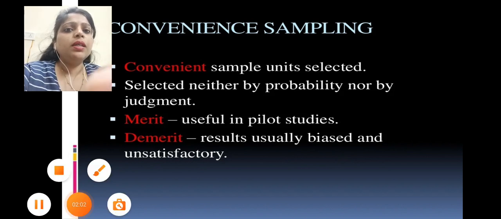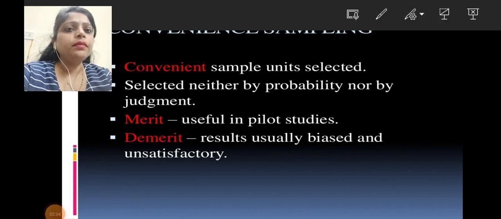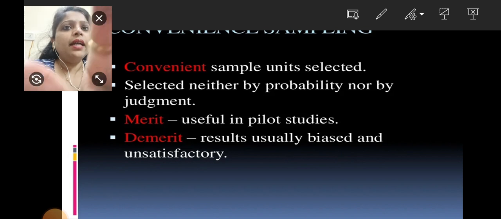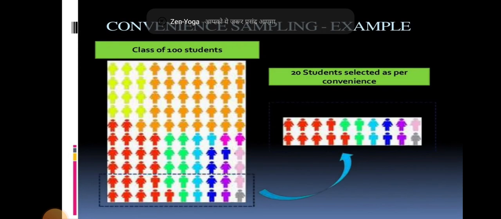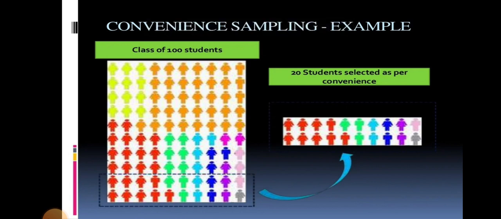Second, the demerits over here are that the results are usually biased and unsatisfactory. Like in this convenience sampling example, a classroom has 100 students, and here you can see green, orange, red, blue, green, purple and pink colors.